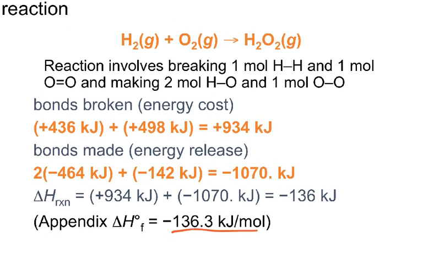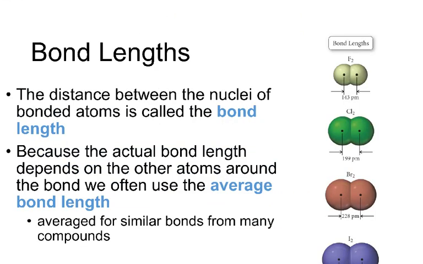And then you can see how that compares with the delta H of formation from the back of the book, which is negative 136.3, so it's pretty close. Good way to estimate.